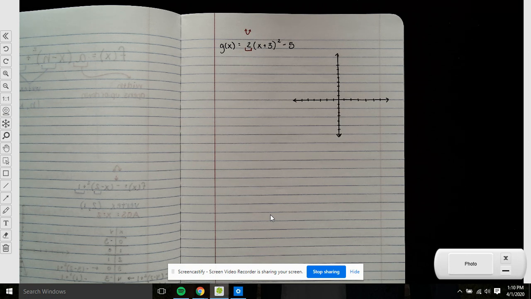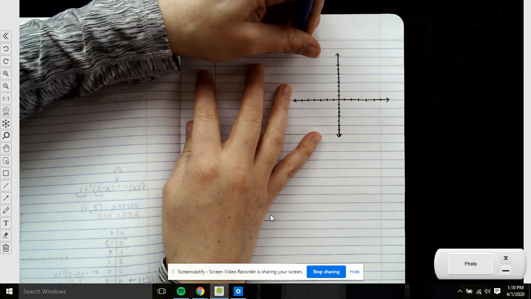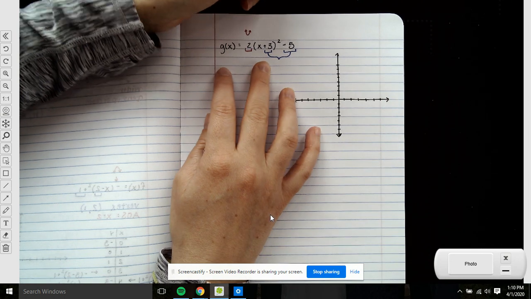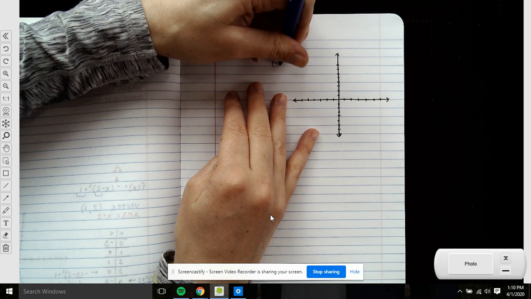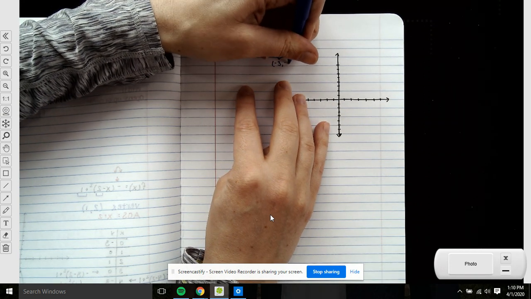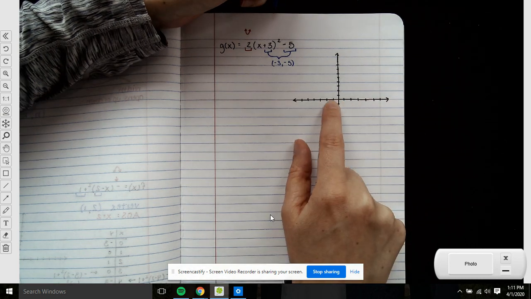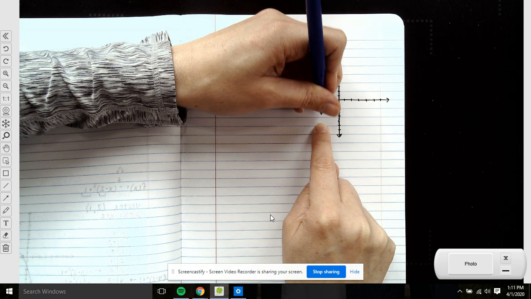So first, I know it's facing up, and now I'm going to recognize what my vertex is. So I've got x plus 3, so that tells me my x value is negative 3. And I've got minus 5 on the end, so negative 3 comma negative 5 is my vertex. So I'm going to go over 1, 2, 3, and down 1, 2, 3, 4, 5.